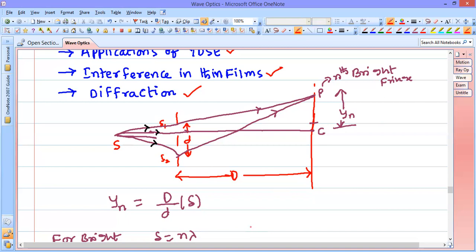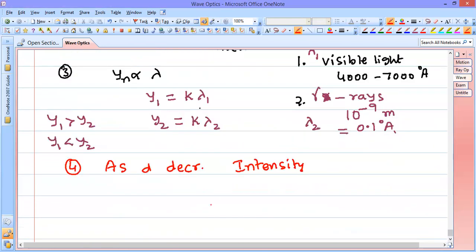Since I know that intensity is proportional to the square of the amplitude, intensity will be increases.